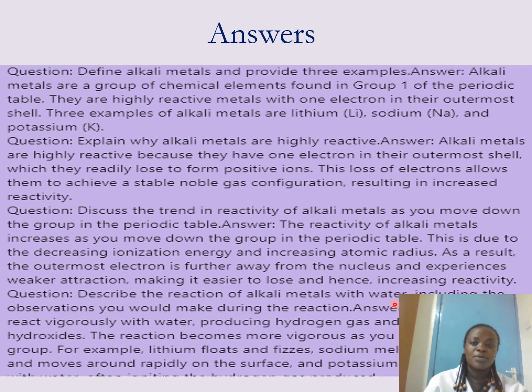For example, the reaction between water and potassium is more vigorous than the reaction between water and lithium. So it becomes more vigorous as you move down the group, meaning they are more reactive. Potassium is more reactive than lithium, so its reaction with water will be more vigorous.